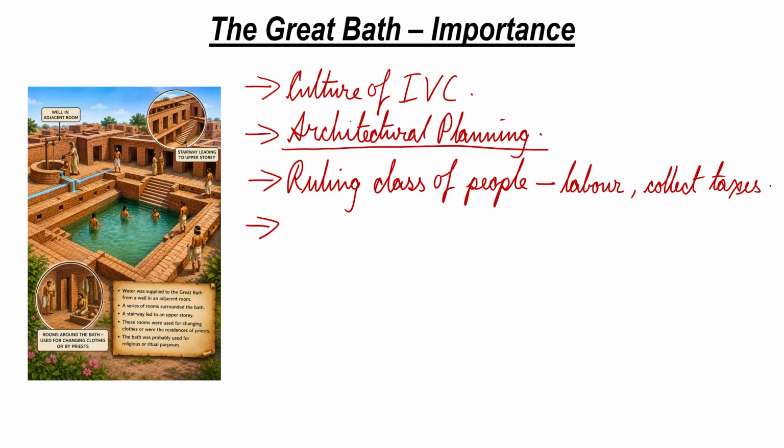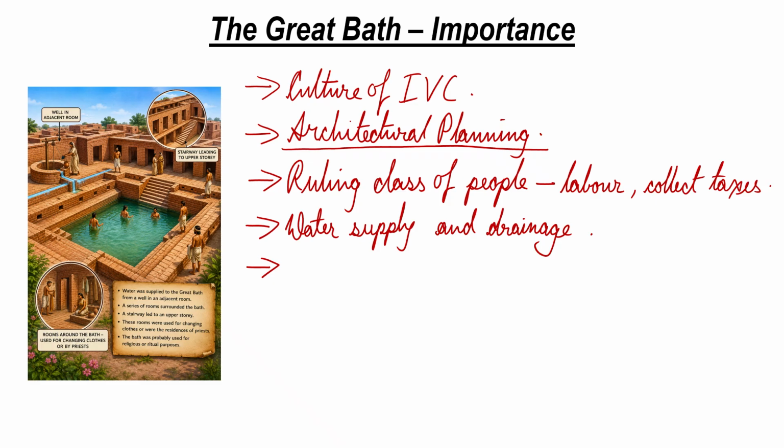This also shows that people had knowledge of water supply and drainage. So water supply and drainage were very much proof that they were technologically superior to any other ancient civilization of the time.